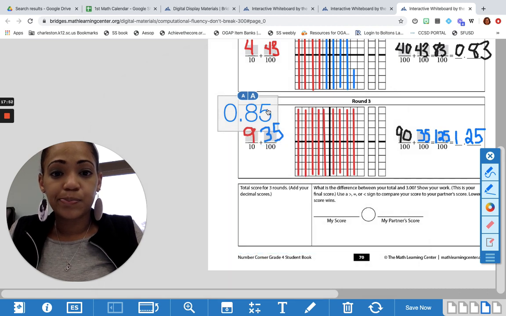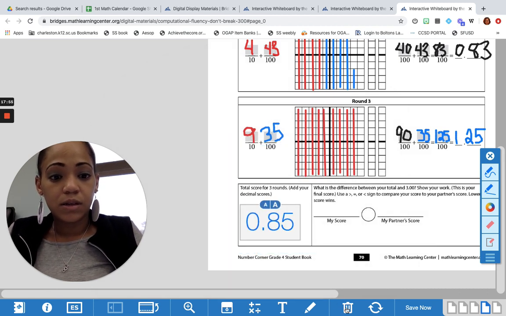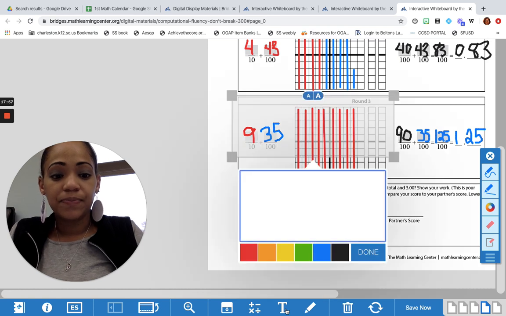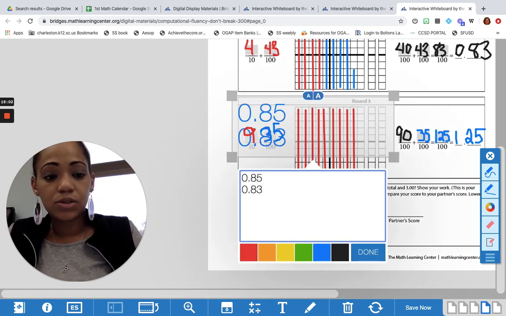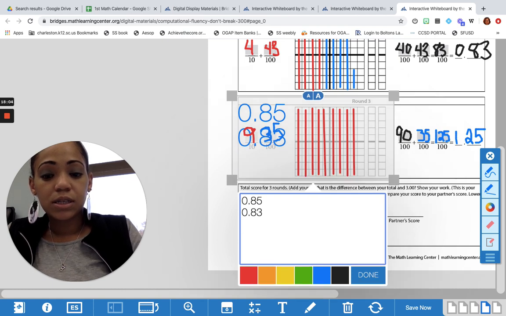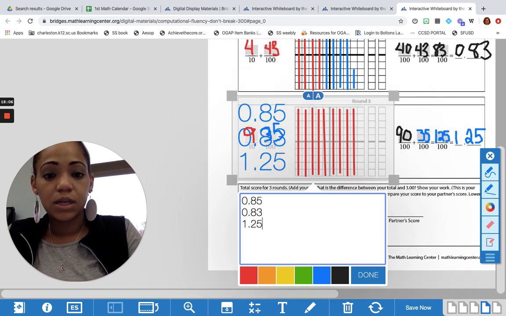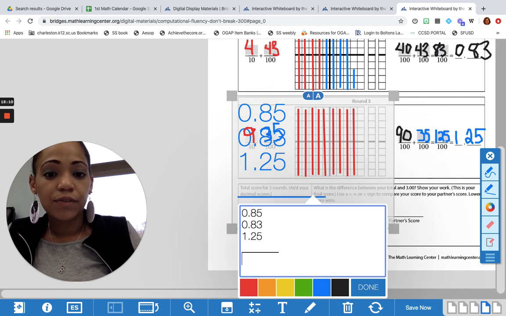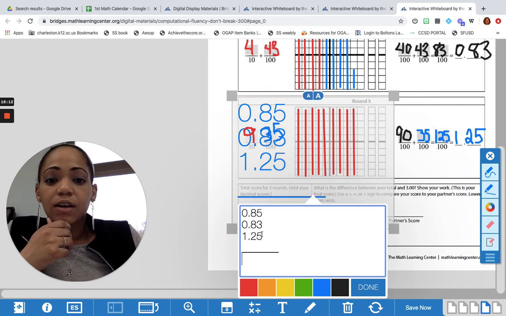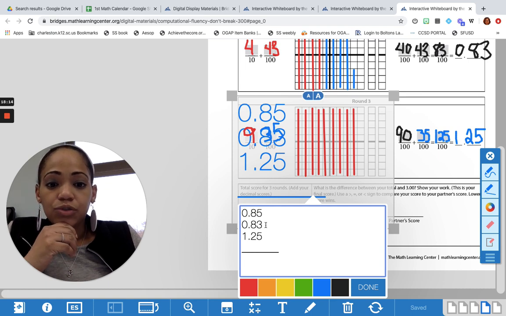I'm going to write it this way. 85 hundredths plus 83 hundredths plus 125 hundredths. And hopefully you guys are solving for yours. I'm going to solve for mine. 5 hundredths plus 5 hundredths is 10 hundredths, plus 3 is 13 hundredths.